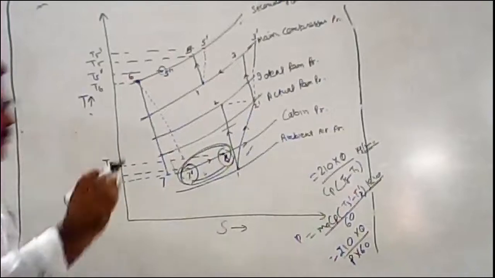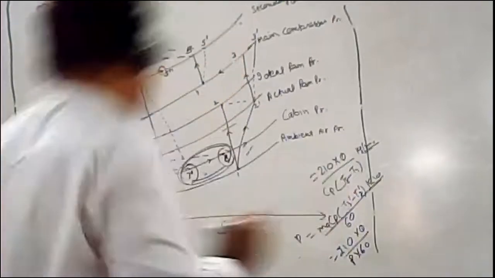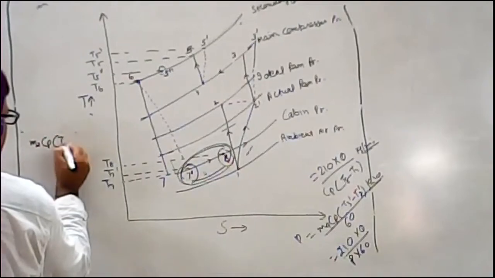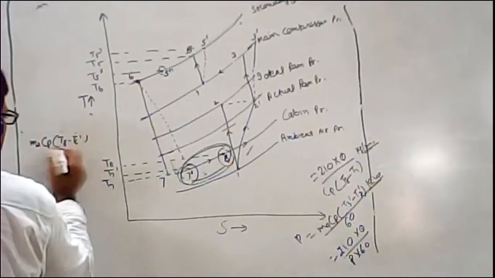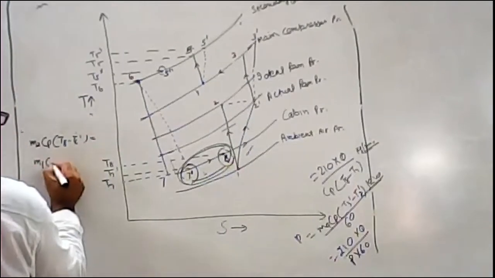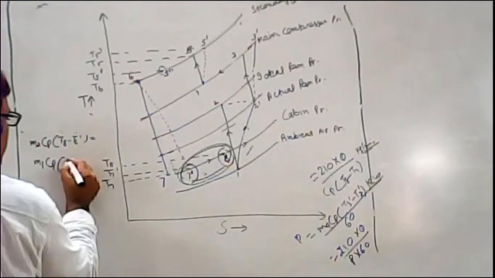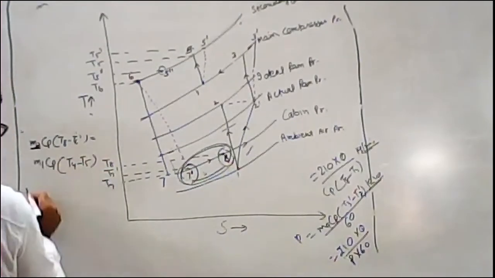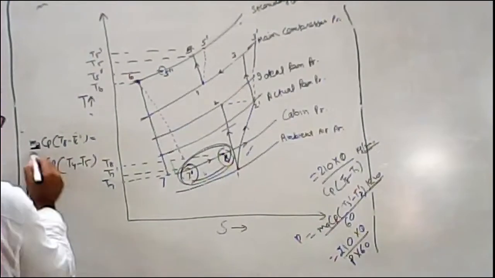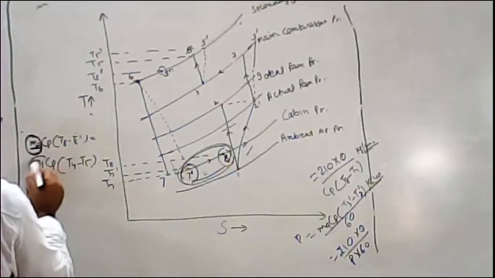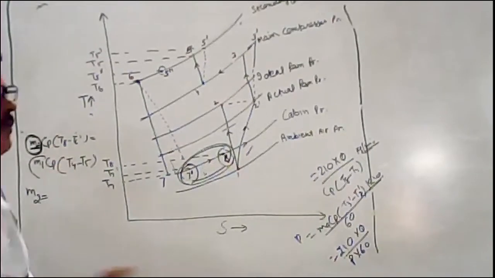So from that diagram, that will be equal to M2 into Cp into T8 minus T6 dash, which will be equal to M1 into Cp into T4 minus T5. So from here you can calculate the value of M2, how much air is going to the atmosphere and the remaining air will pass into your regenerative type heat exchanger.